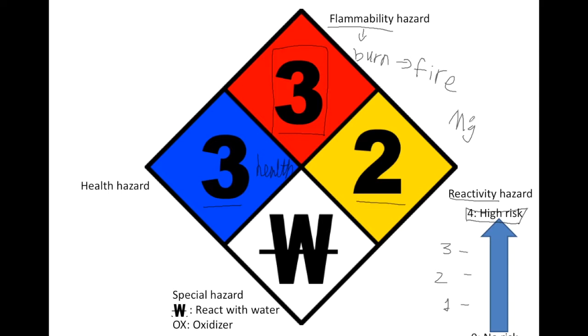Because burning is just speeding up a reaction between this and oxygen. There is oxygen in the air, by the way. So burning magnesium is just a way to speed up the reaction between magnesium and oxygen. So they will react. And apparently this element is okay in reacting. It won't react very violently, but it will still react.